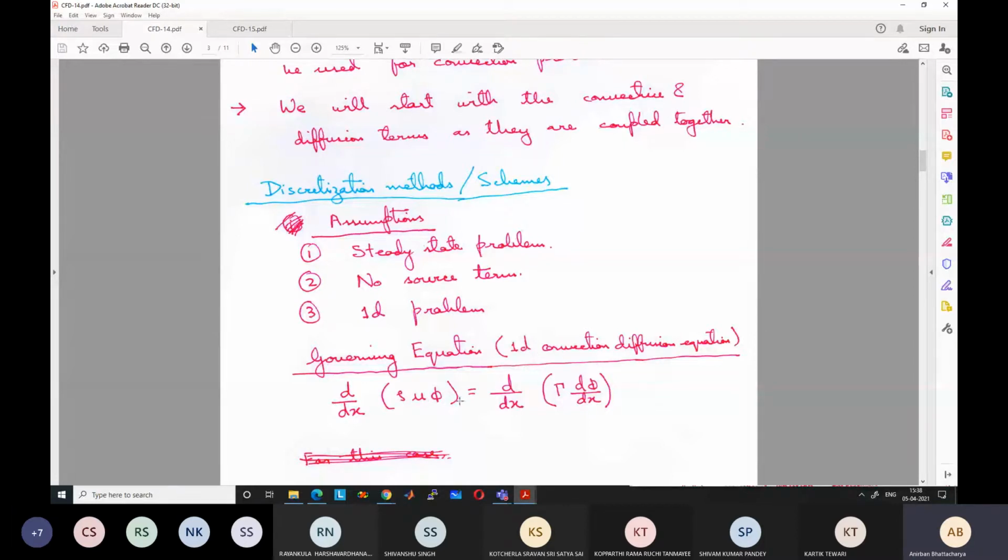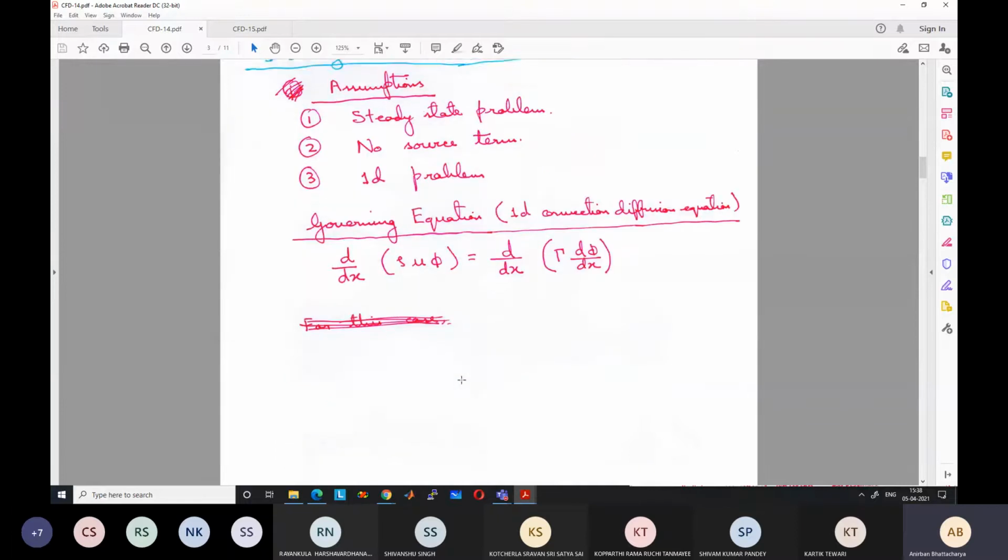No new insight can be gained from there. So we will restrict ourselves to the two important terms, the convective term and the diffusive term. We cannot consider the convective term alone; they are always coupled together. The diffusion is always present, so we have to consider them together.